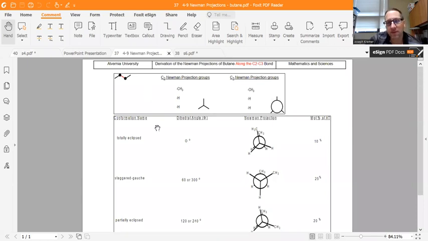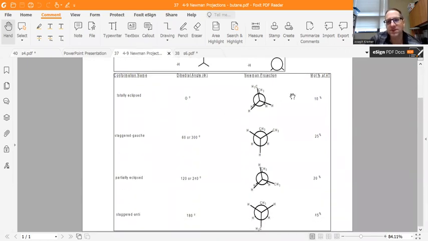So if we take a look at the butane conformations, this is mole percent at kT. k is called the Boltzmann constant, and T is temperature. So if you had 100 molecules, 10 of them would exist as totally eclipsed at any one point in time.